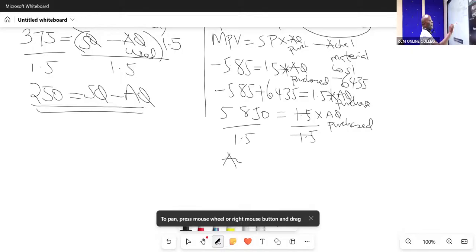So meaning that AQ purchased will be equal to 5850 divided by 1.5, which will end up giving me what figure? 3,900.